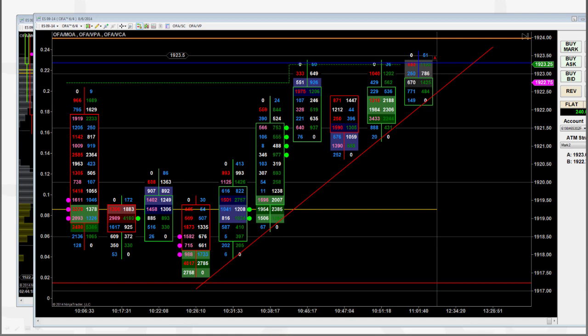As long as buyers are having influence on the market, then I'm looking for a pullback, and I'm looking to get long as long as the print tells me to. And as long as the print and the volume profile and the other tools like the volume cluster and momentum continue to support my trade, then I can continue to take that trade into profit and towards my target.